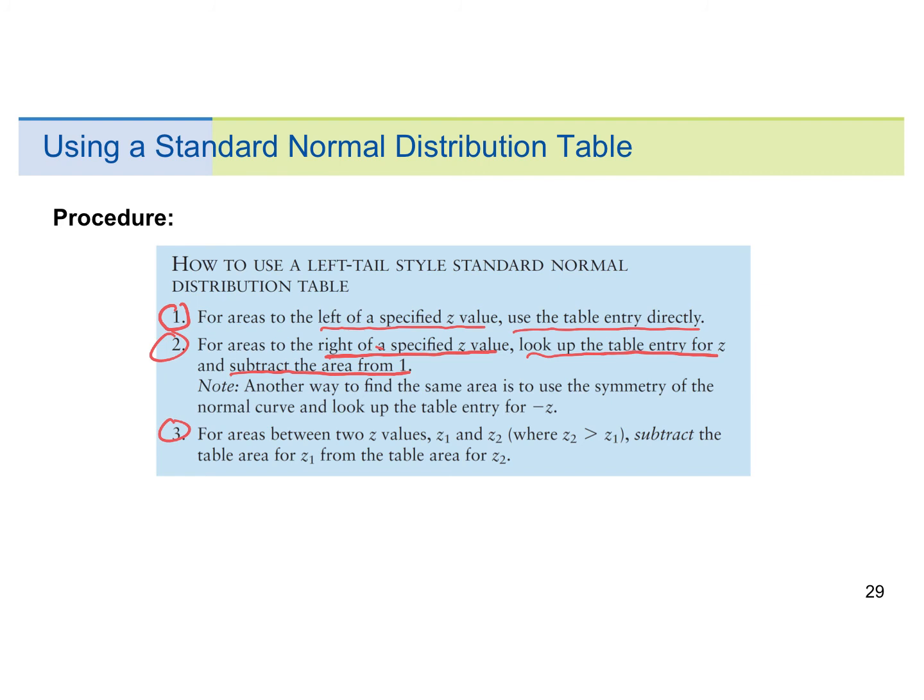And then this one: for areas between two different z-values, z1 and z2, one of them has to be larger than the other. In this case, z2 is larger than z1. You're going to subtract the area for z1 from z2. So basically, it's going to be large minus small.